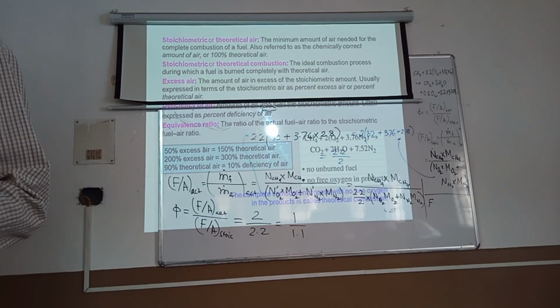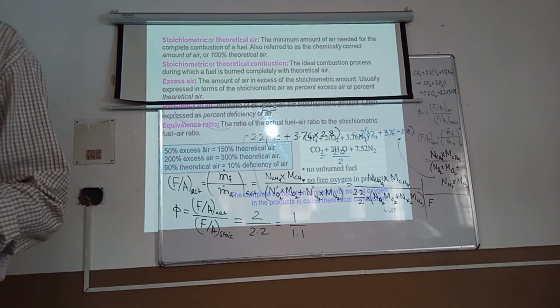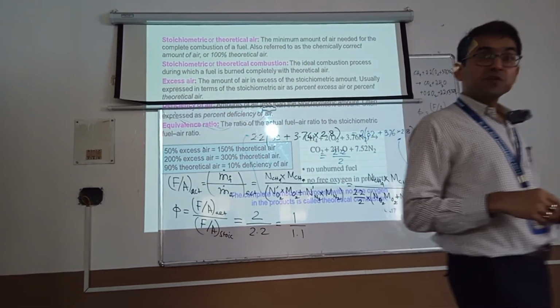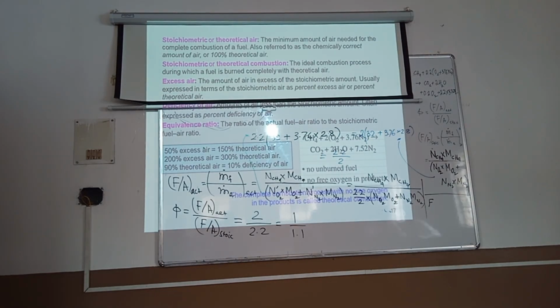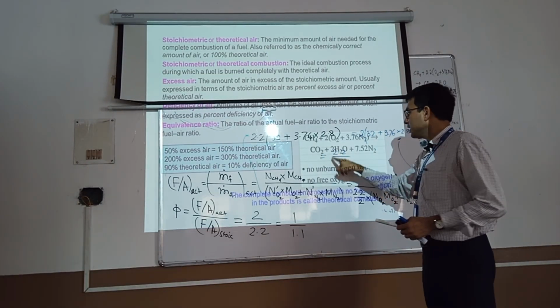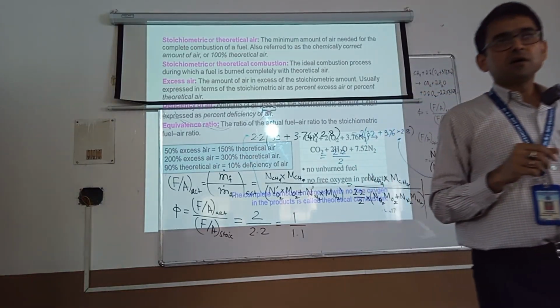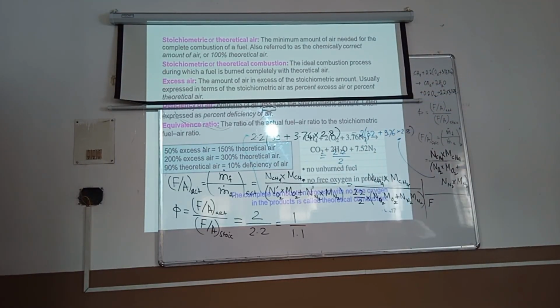Right? Instead of 2.2, if I would have given you 1.8, so it will be deficiency of air, and in that case, what will be the equivalence ratio? 2 by 1.8. So it will be, sorry, 1.8 by 2, which will be less than 1.